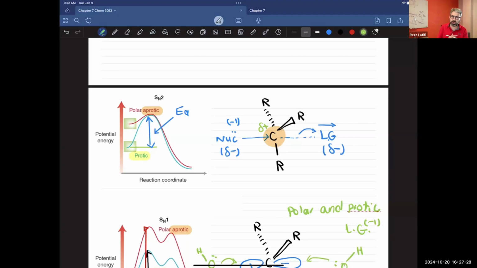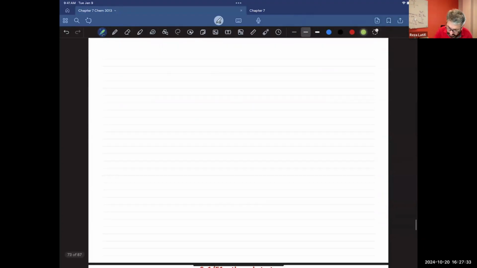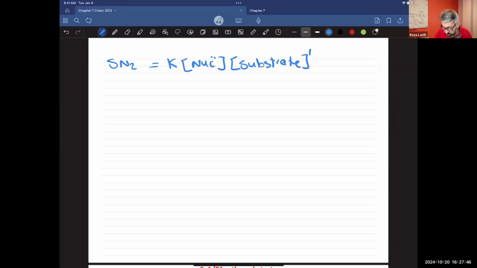Now let's talk about the nucleophile by itself. With the SN2 reaction, we say rate equals K multiplied by the concentration of the nucleophile multiplied by the substrate, each to the first power.